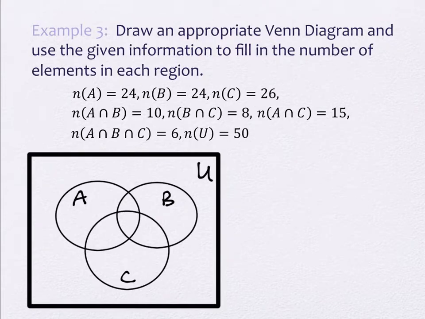So now if you take a look and we just read them in order, the first one that it mentions says, n(A) is 24, right? So that's telling us that everything that goes inside of circle A, all of these pieces, and there's 1, 2, 3, 4 regions, right? All of those combine to have 24 items in them.